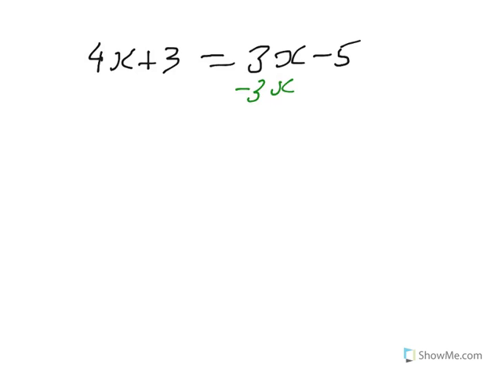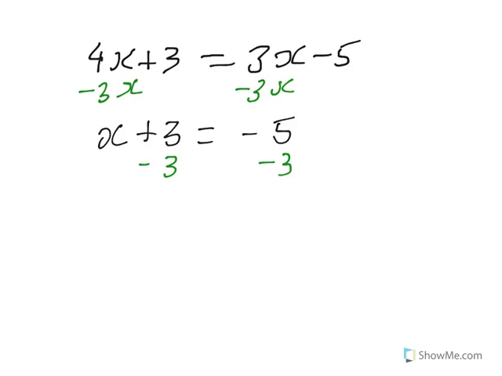But I'm going to take 3x from this side and from the other as well. So 4x take 3x leaves us with x plus 3 equals -5, and then of course take 3 from both sides means that we just have x on the left, and that of course then is -8.